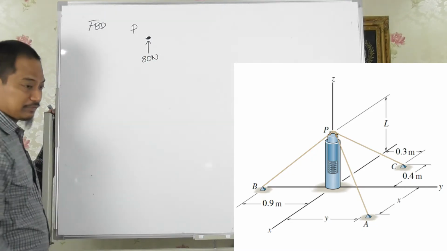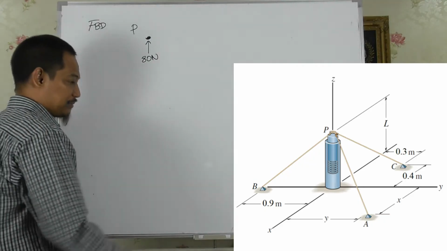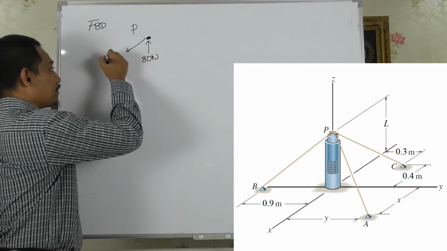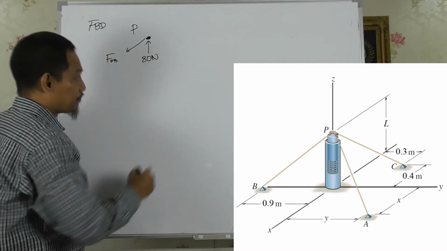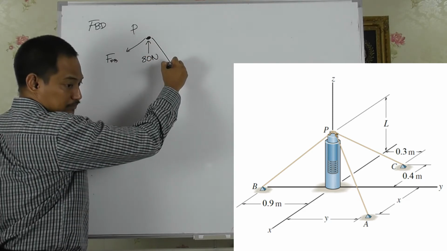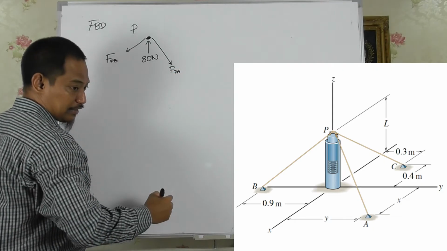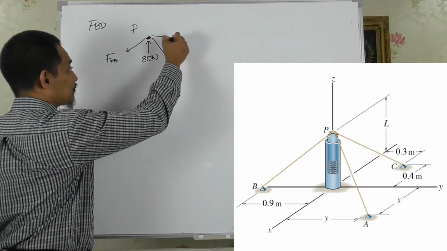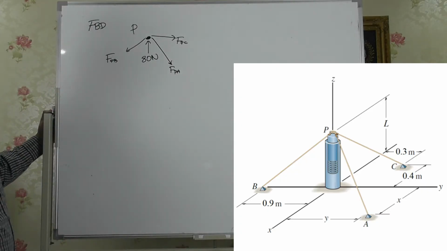This is given, right? And then we have force FPB, FPA, and FPC, something like that, right? It should be downward, more downward, right?